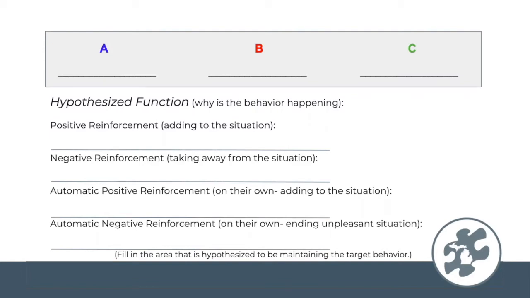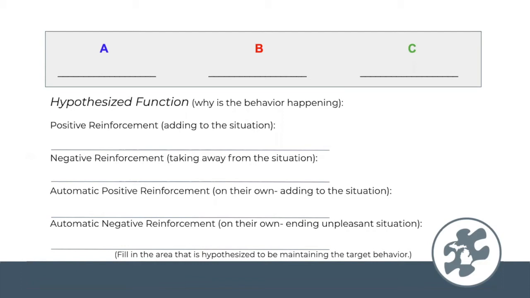Automatic positive reinforcement, on their own, they're adding something to the situation. Or is it automatic negative reinforcement because on their own, they're ending an unpleasant situation? Fill in what area you think. Oftentimes, when we first look at antecedents, behaviors, and consequences, there might be situations that are target behaviors that are multiply maintained.